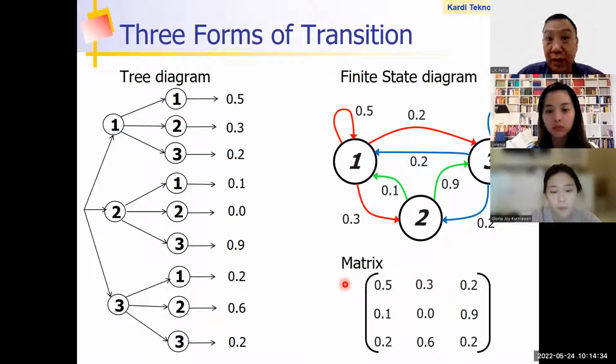If today is 1, tomorrow we have a probability of 0.5 to be in the same state 1, a probability of 30% to be in state 2, and a probability of 20% to be in state 3 tomorrow.